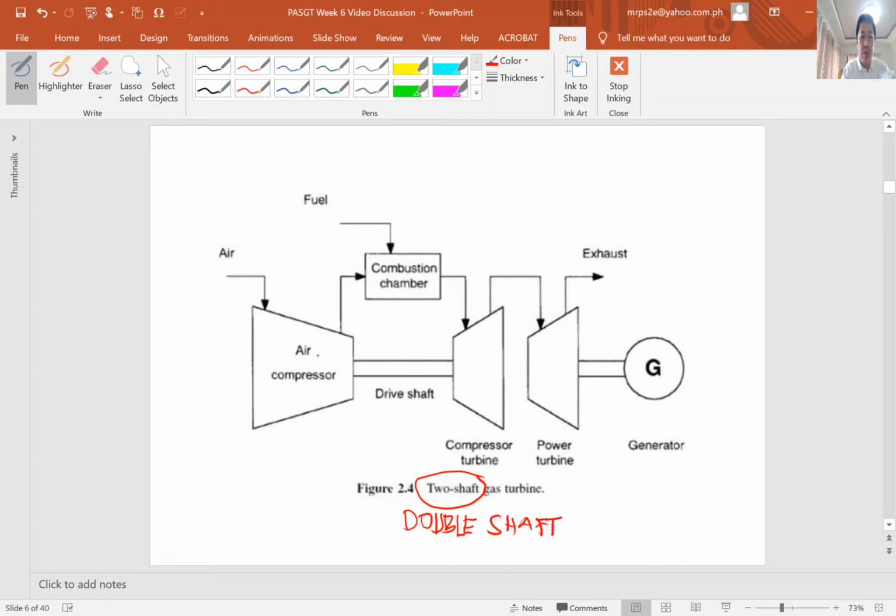So this is your compressor. You have the air compressor and you have the compressor turbine. So this one. And you have here the power turbine.